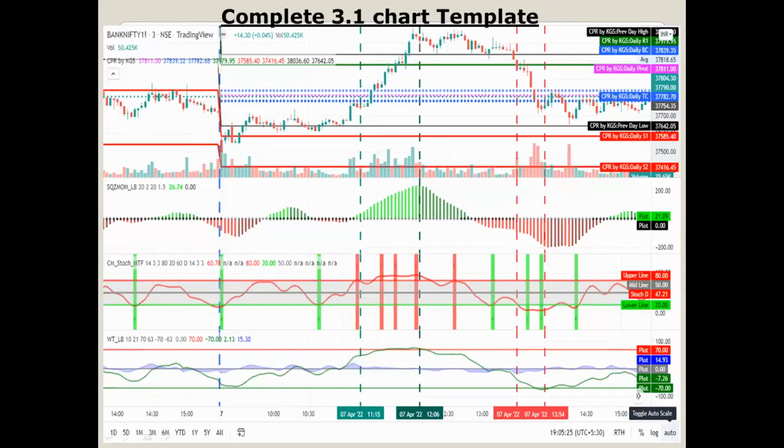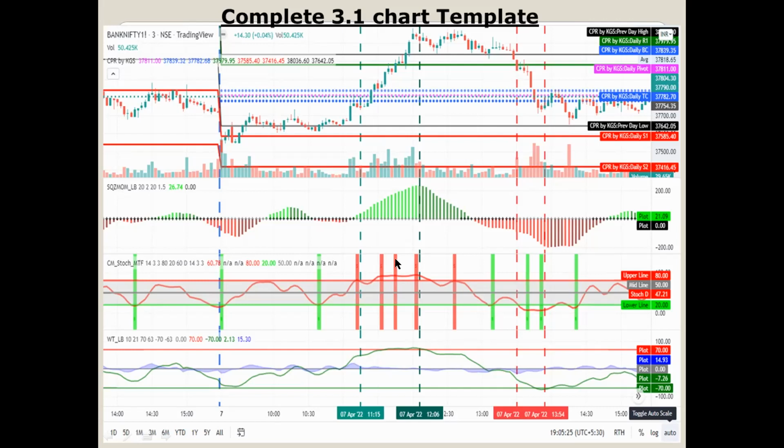Again, I am showing the combined chart once again. Here you can see the same chart only. The market is in an uptrend. Squeeze momentum will show like this, and we can see good volume over here. Unfortunately, CM stochastic is in the overbought area.